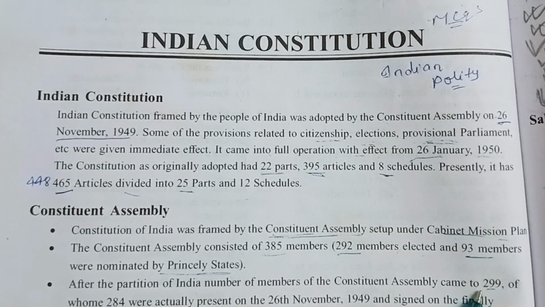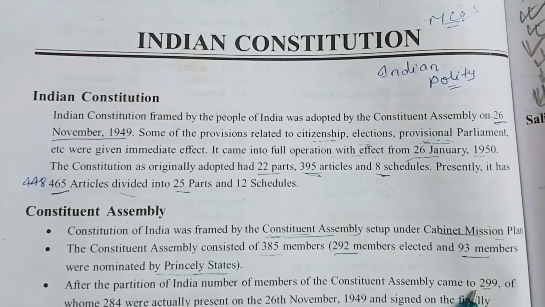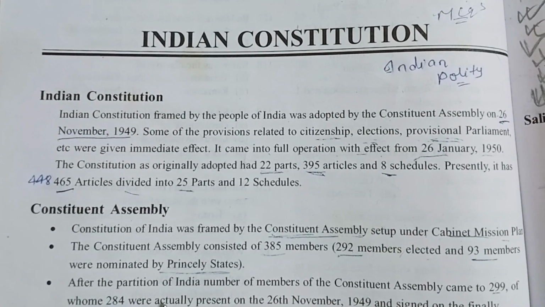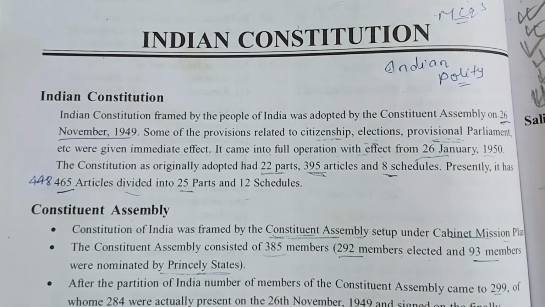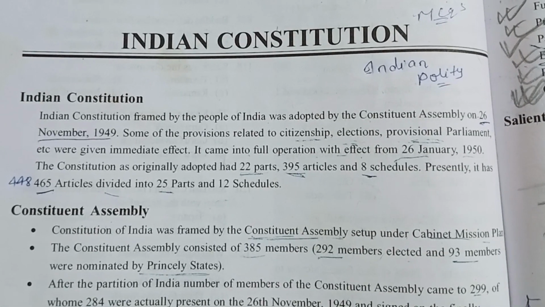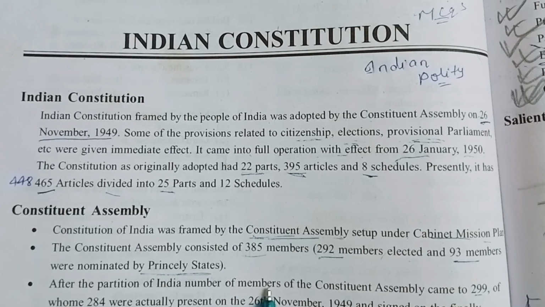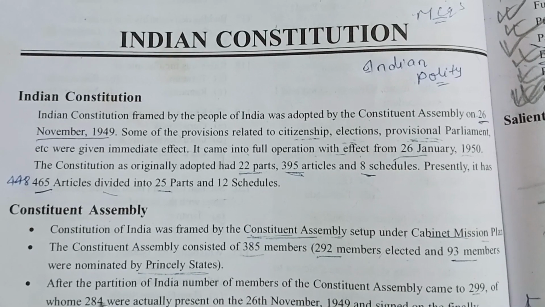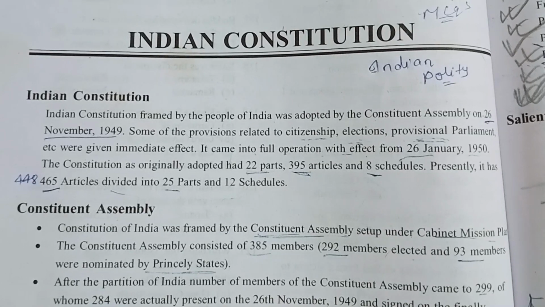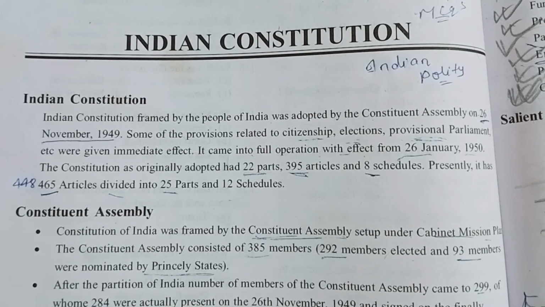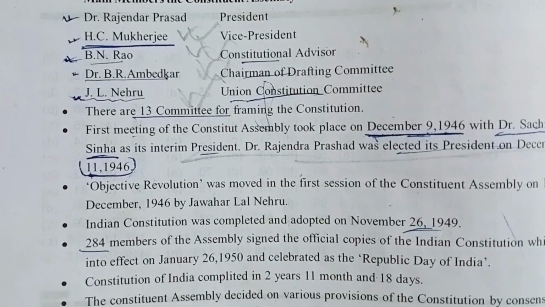After the partition of India, the number of members came to 299, of whom 284 were actually present on 26 November 1949 and signed finally. जब पार्टीशन हुआ था इंडिया का, तब कॉन्स्टिट्यूएंट असेंबली में मेंबर्स 299 थे, जिसमें 284 प्रेजेंट थे एंड जिन्होंने साइन किया था 26 नवंबर 1949 को.